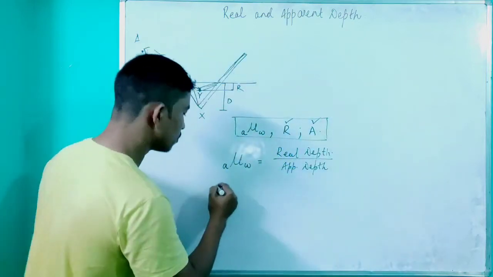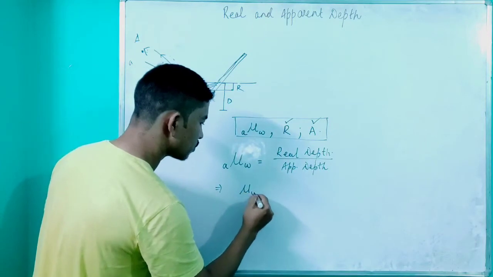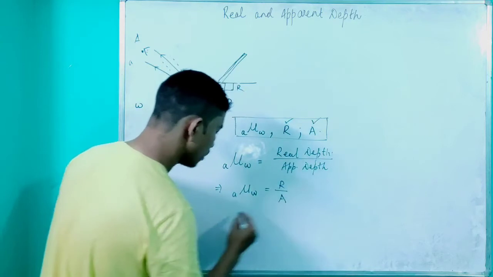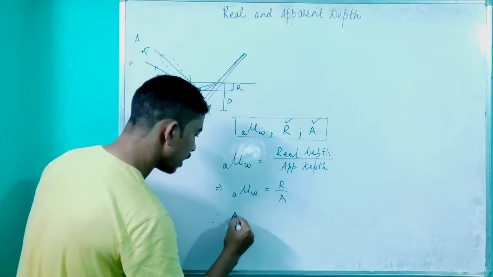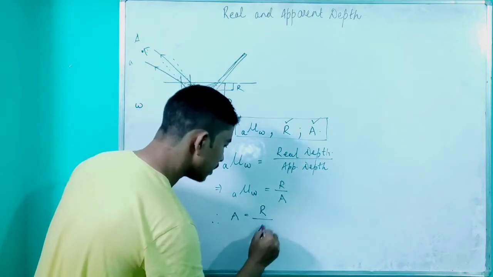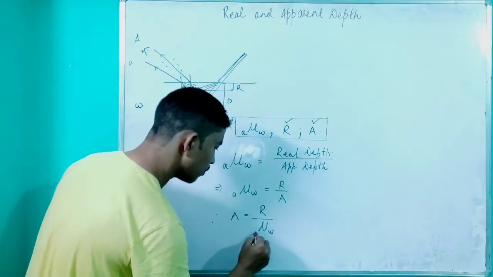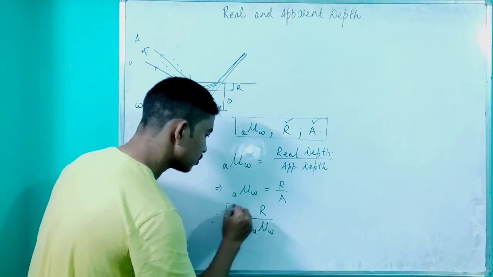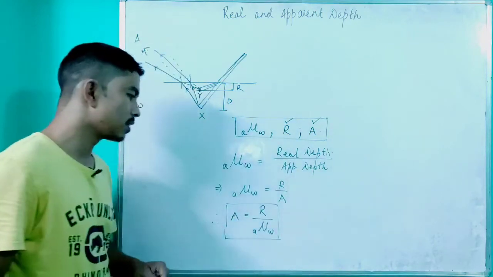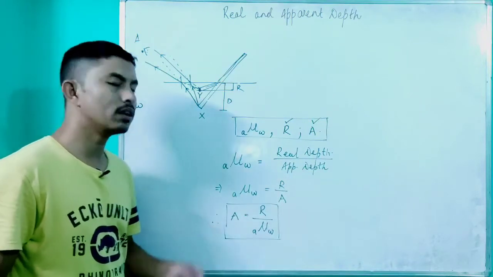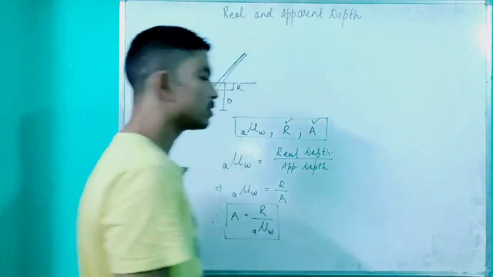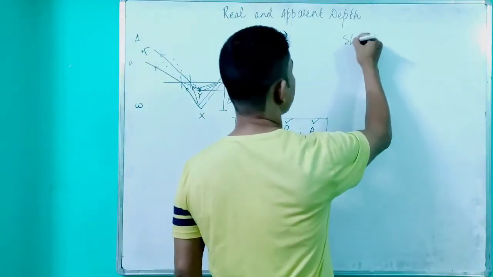If I write it in terms of symbols, the refractive index of water with respect to air is equal to r divided by a, or simply, the apparent depth will be equal to the real depth divided by the refractive index of water with respect to air. Using this formula, we can easily calculate the apparent depth knowing the real depth and the refractive index of a given medium.